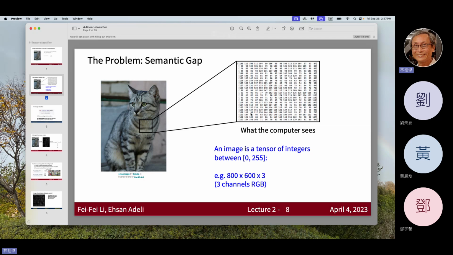Each value here will be from 0 to 256 different levels of darkness. Or if it's RGB, it means how much red it has, how much green it has, and how much blue it has.